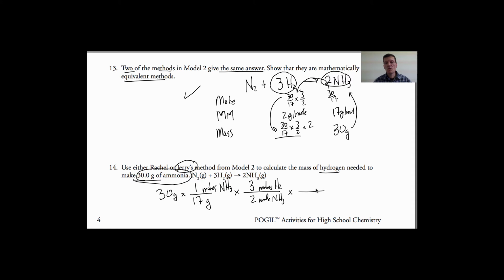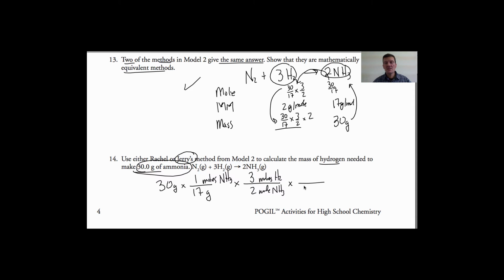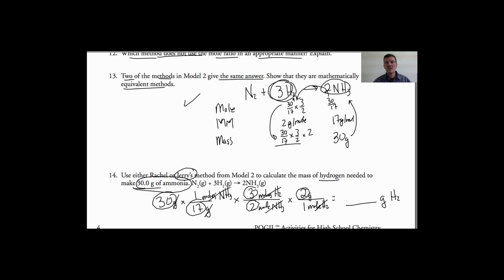And then I'm going to use my molar mass for hydrogen, and that is 2 grams for every 1 mole of hydrogen. So look what happens here. Grams of ammonia cancel, moles of ammonia cancel, moles of hydrogen cancel, and if you do this, 30 divided by 17 times 3 divided by 2 times 2, you are going to get the grams of hydrogen needed in this reaction to produce 30 grams of ammonia.